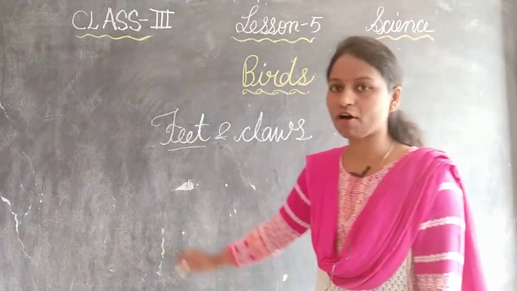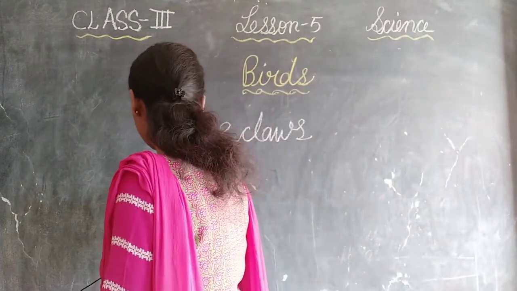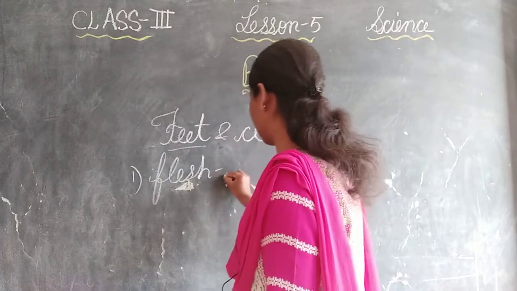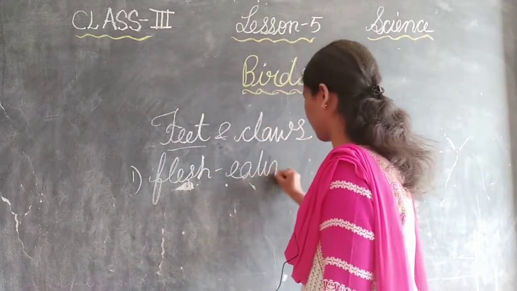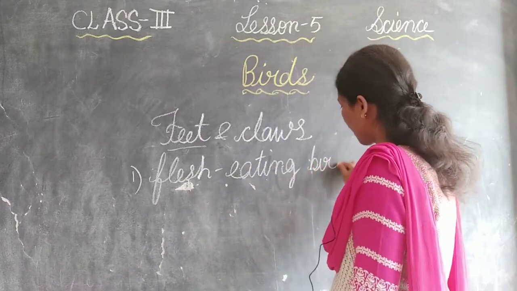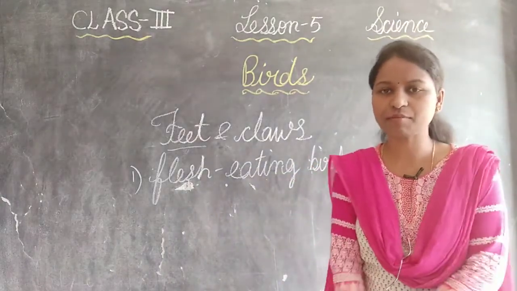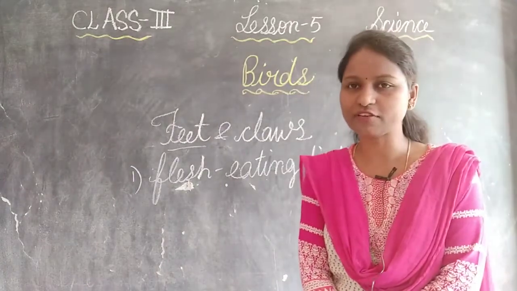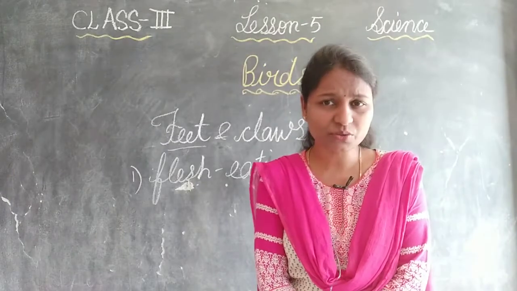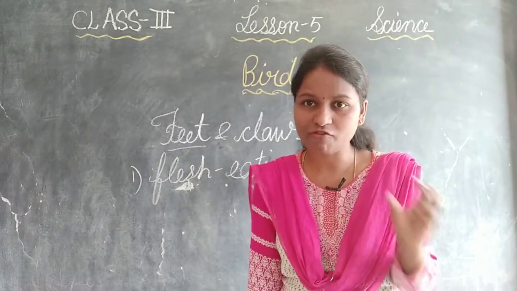So first of all, the first one is what? Flesh eating birds. In the flesh eating birds, children, how do they have different types of claws? If they have very strong feet and claws, they will be able to tear the flesh and catch the prey, the birds of prey.